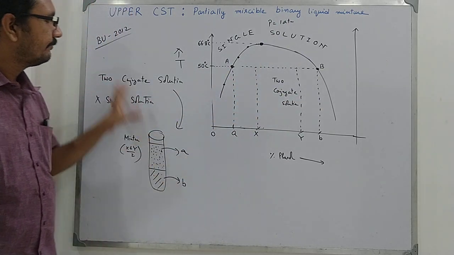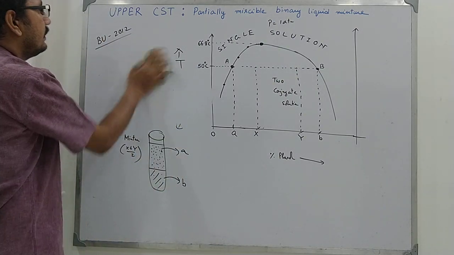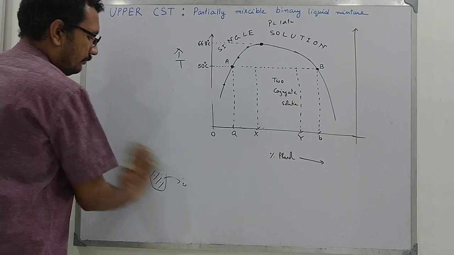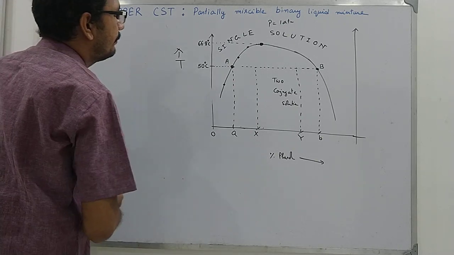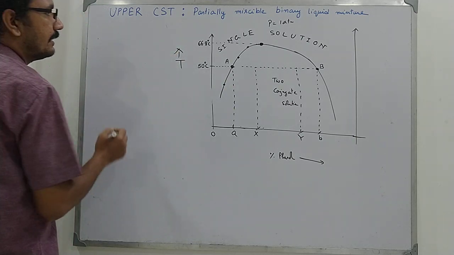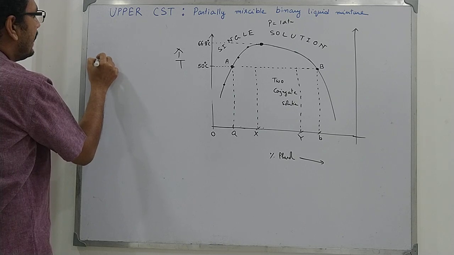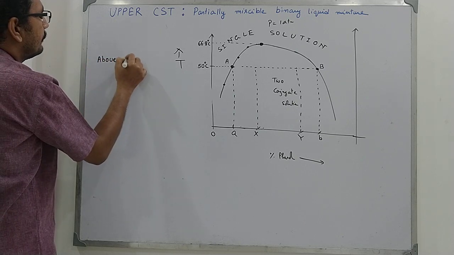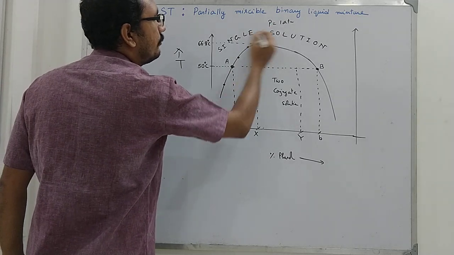This is the answer. Now if in another question someone asks you to find the degrees of freedom, then you apply the phase rule. You will have three different regions. One is above CST, in this domain.